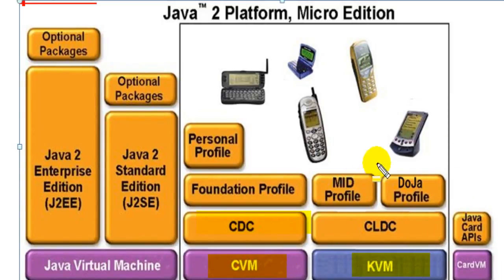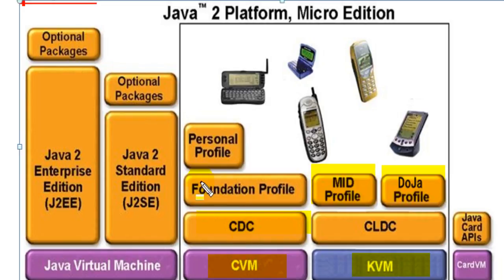In the profiles layer, for example, we have a MIDP based profile, or we have the DoJa profile, which is actually for Docomo based mobile phones. But the most famous one is MIDP, which is adopted by many companies like Samsung, Siemens and others. MIDP stands for Mobile Information Device Profile.